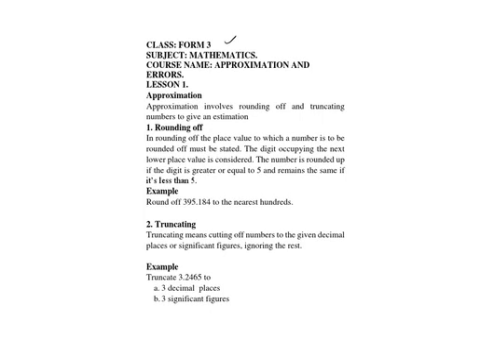For example, when we are told to round off 395.184 to the nearest hundreds, this is how we proceed. We have 395.184.